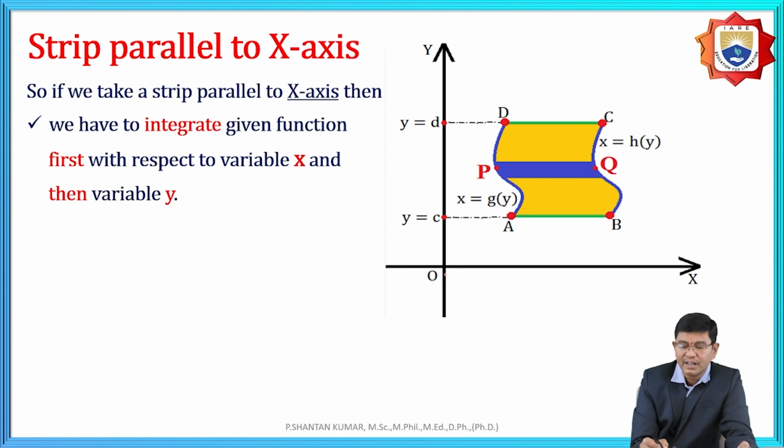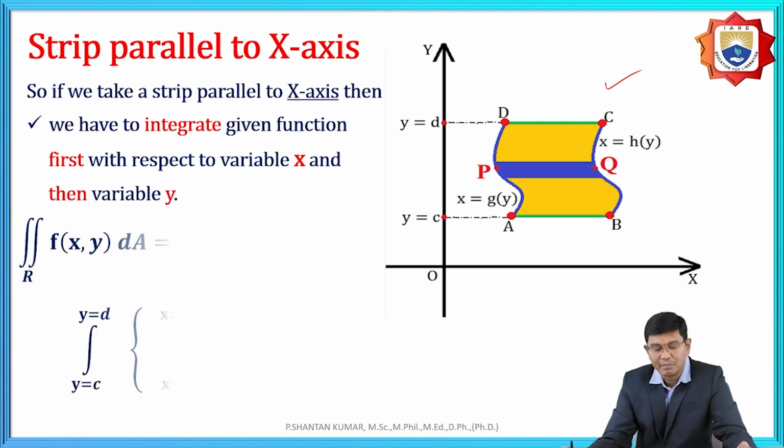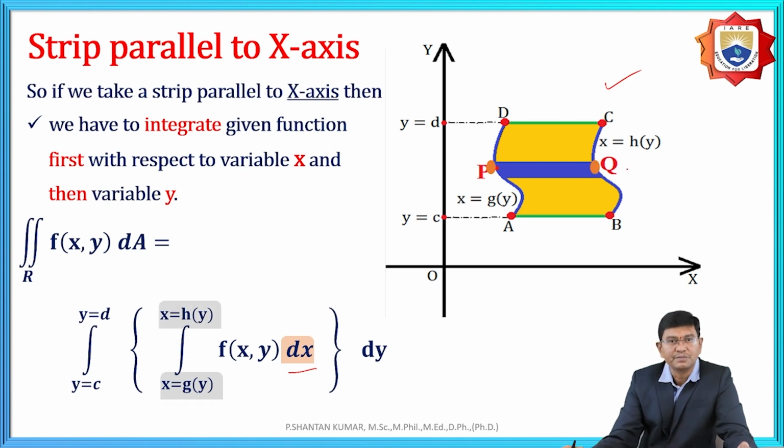For example, under the x-axis and y-axis, taking two curves, consider this strip parallel to the x-axis. With the help of this diagram, it is clearly shown: integrating with respect to x, the x limits run from the inner curve p to the outer curve q.